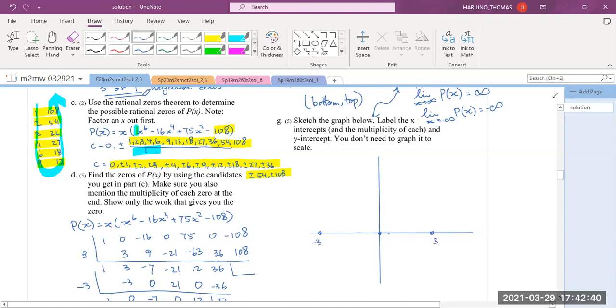And then 2 and negative 2. And then, is it radical 3? Yeah, radical 3 and negative radical 3. All of them with multiplicity of 1. So it will cross the x-axis all the time. Yeah, approximately like that.